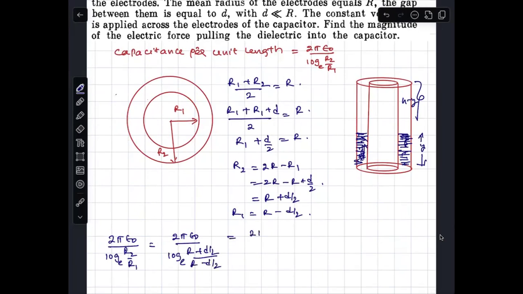Since log M by N can be written as log M minus log N, agreed? It becomes log_e (R plus D by 2) minus log_e (R minus D by 2).